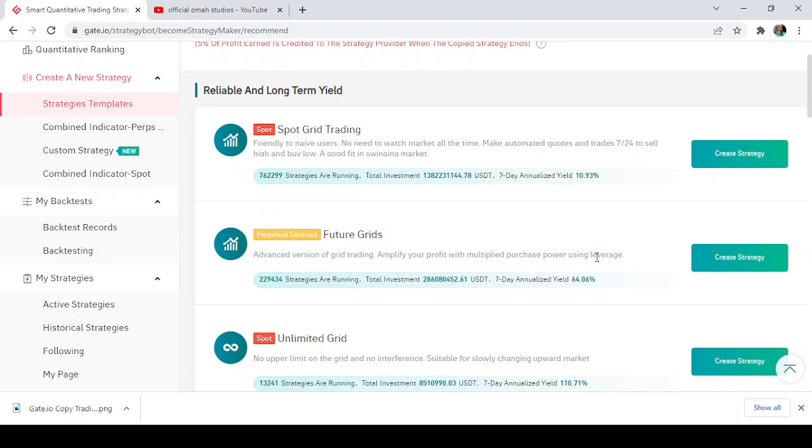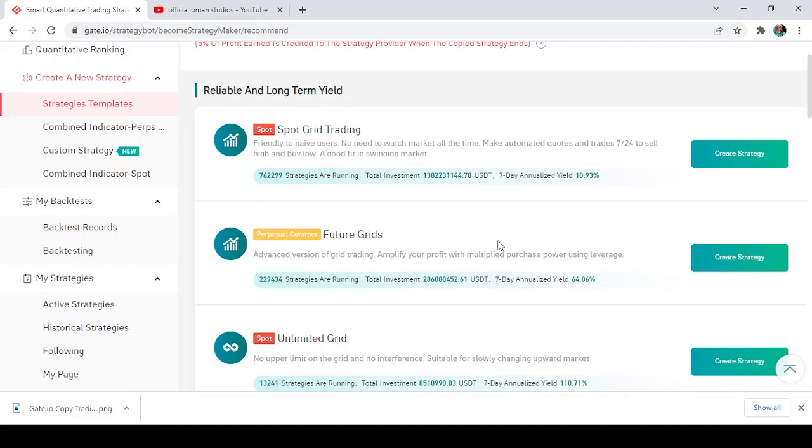It's an advanced version of spot grid trading. It says, just as its name implies, futures grids are a combination of spot grid trading and futures trading. I know you understand what futures trading is. This strategy will divide your investment into several grids and keep buying low and selling high within a particular price range.